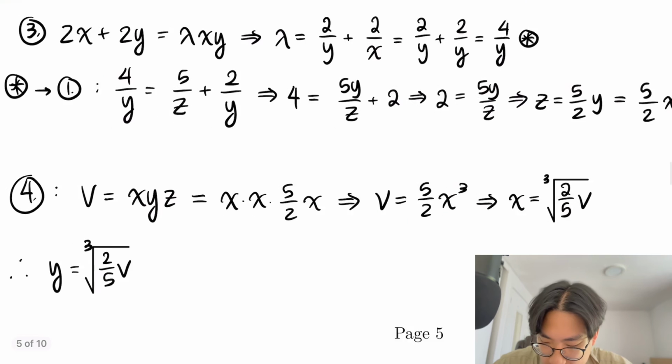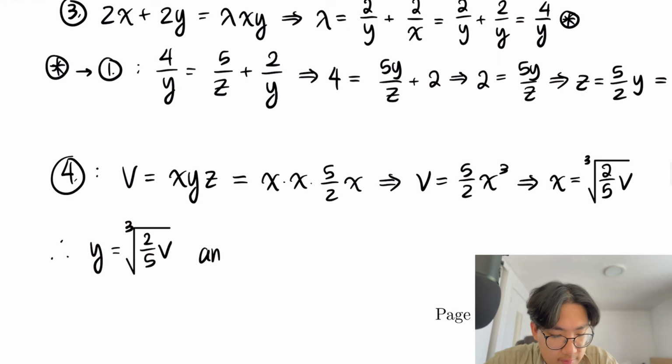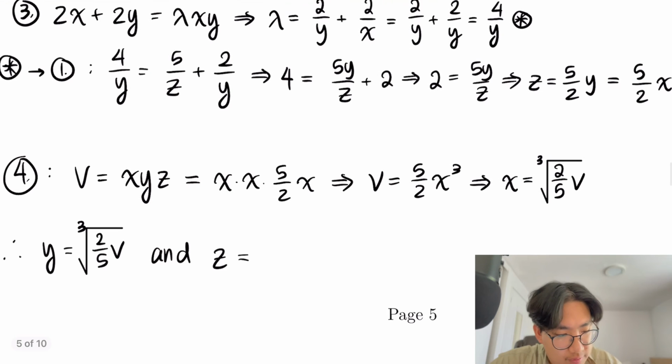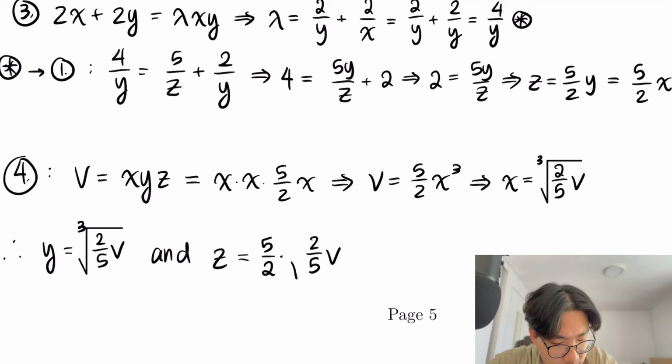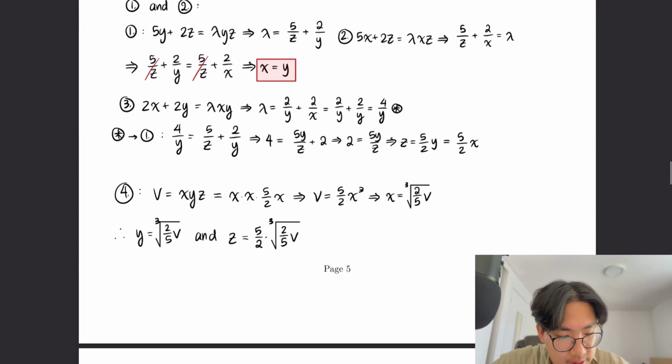So 5 over 2y, 5 over 2x, same idea. So just 5 over 2 times this expression over here, cube rooted. And this would be your final answer here.